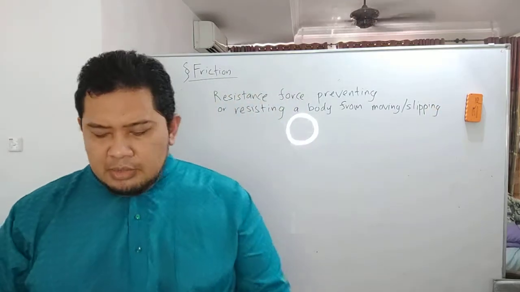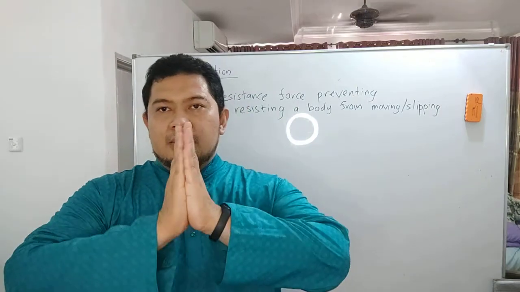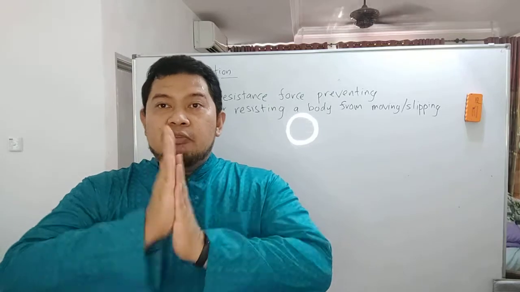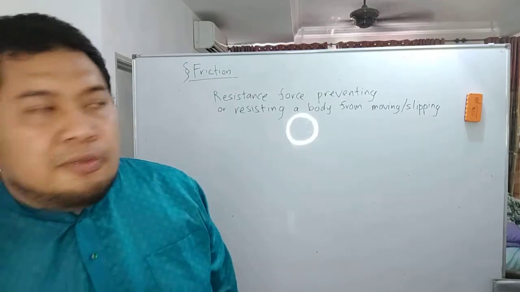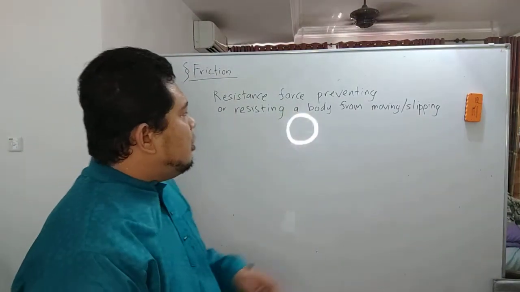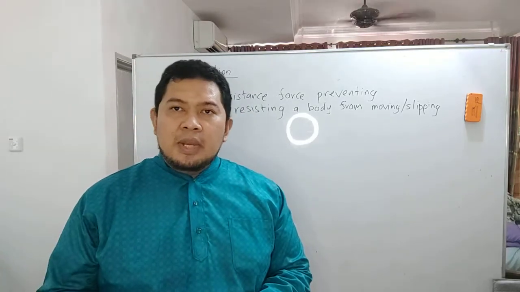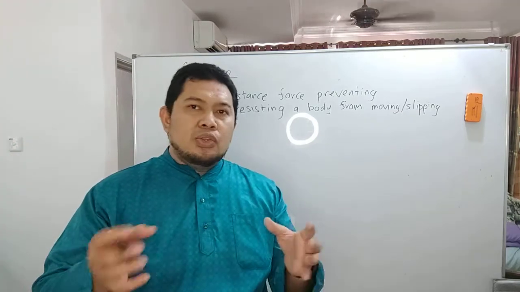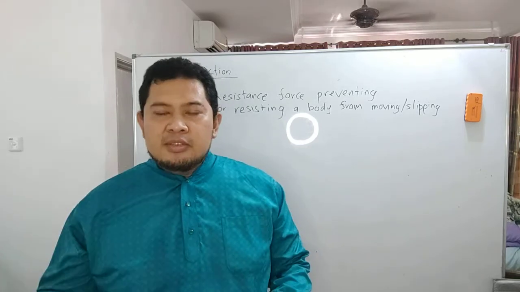Similar principle when you have your hands just like this, and you try to shake them like this, you have a friction from your hand, and this one heats up. Say, for example, the force preventing or resisting a body from moving and slipping means that any force applied on a body is intending to move it or change its previous condition.